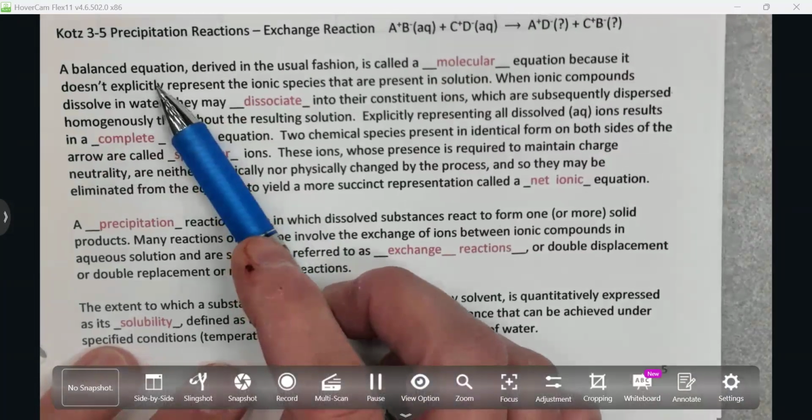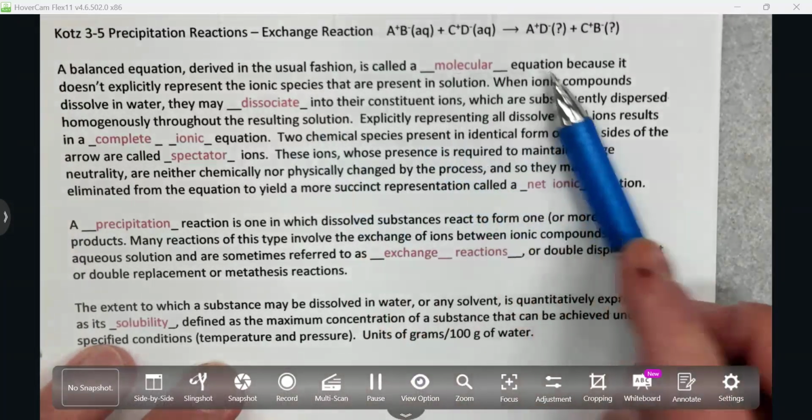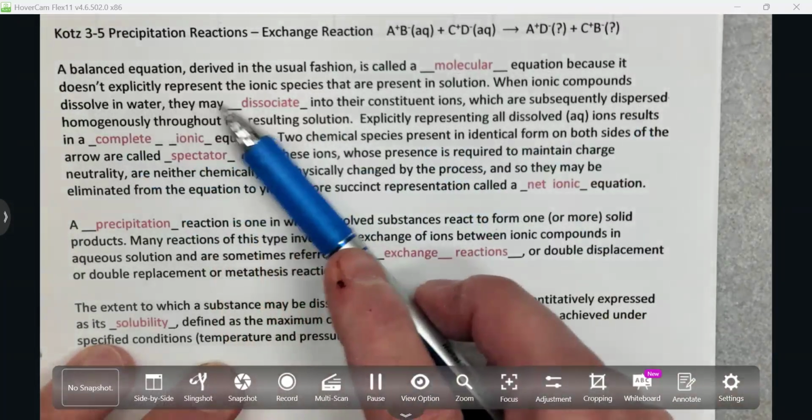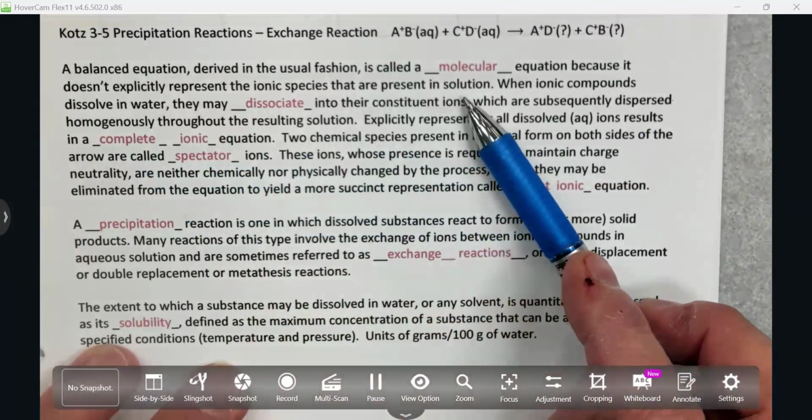A balanced equation derived in the usual fashion is called a molecular equation, because it doesn't explicitly represent the ionic species that are present in solution.